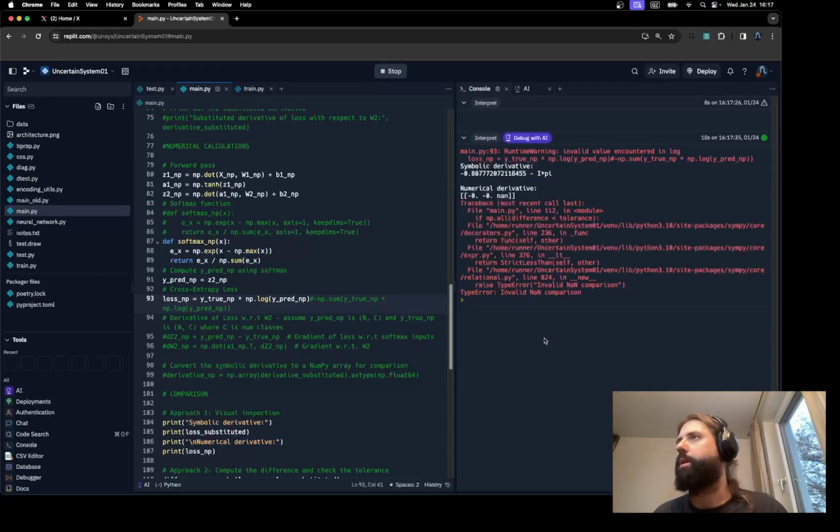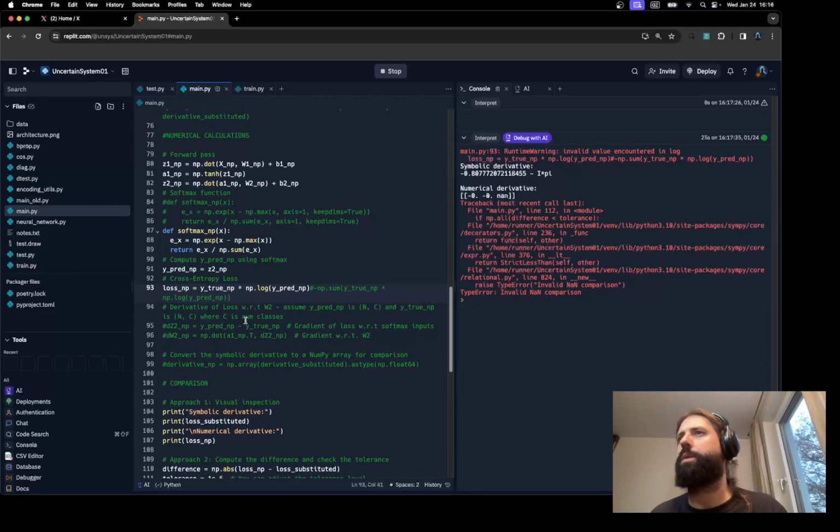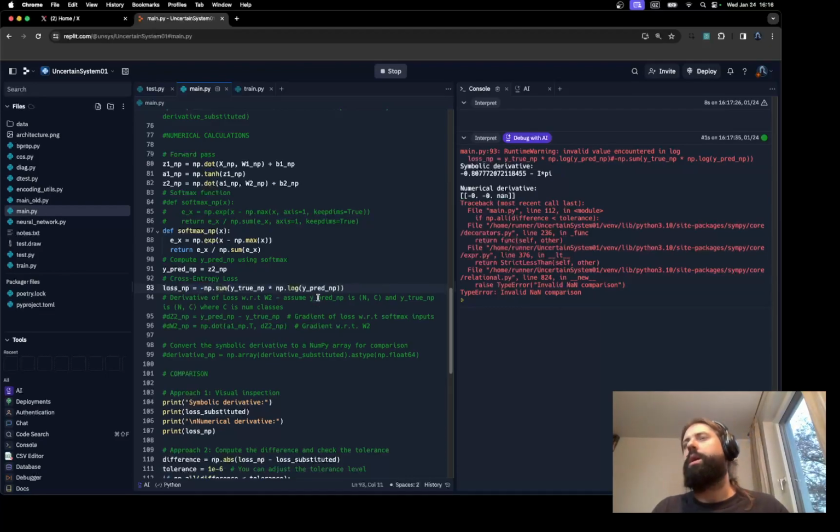Symbolic derivative. Numerical derivative. This is loss np literally, and it's just saying that it's minus 0, minus 0, none. Not a number. Why? Why is that not a number?